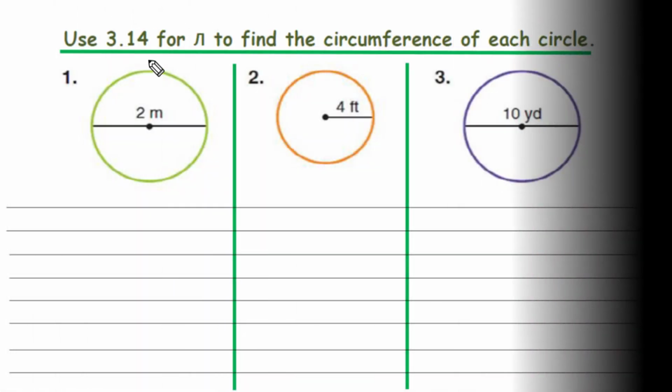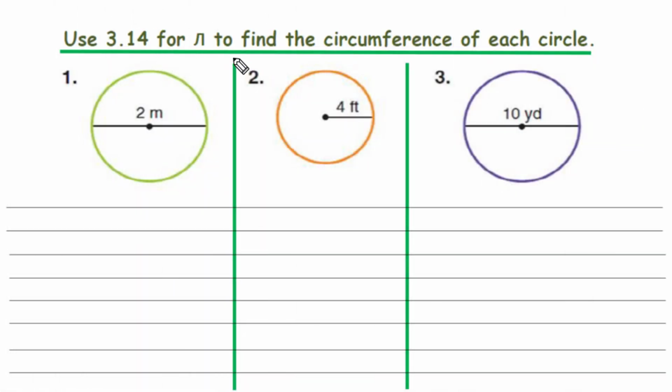Next, circumference. How can we calculate the circumference of a circle? Use 3.14 for pi to find the circumference of each circle. The first circle, it's a circle with diameter equals 2 meter. To find the circumference of the circle, ask yourself, what's the formula of the circumference of the circle?